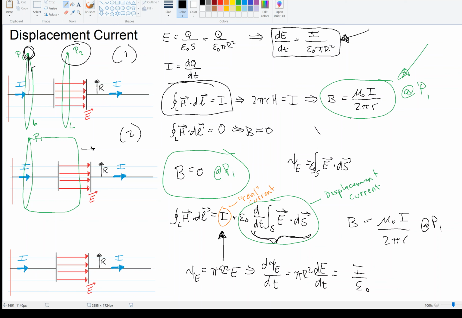From the amendment here, I get I. This thing reduces to I, which is the correct answer. And then when I calculate the magnetic flux density, again I get mu 0 I over 2 pi r, just like I did here, right? And so Maxwell's amendment holds in either case here, and it resolves this situation. Nice.